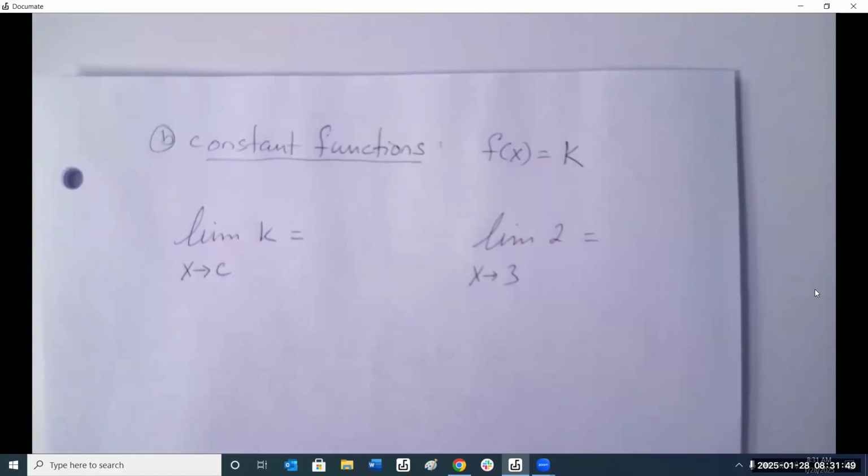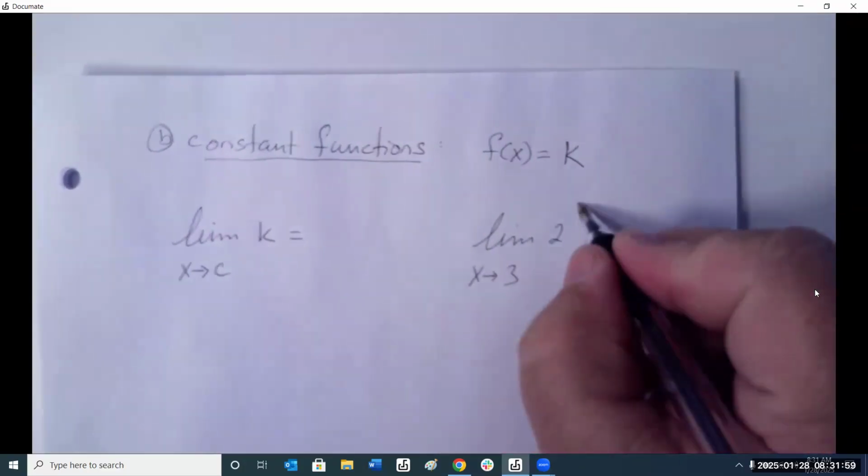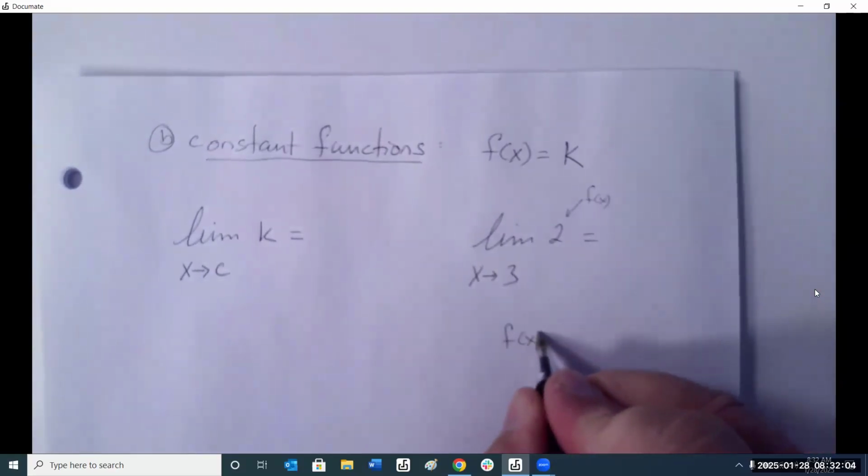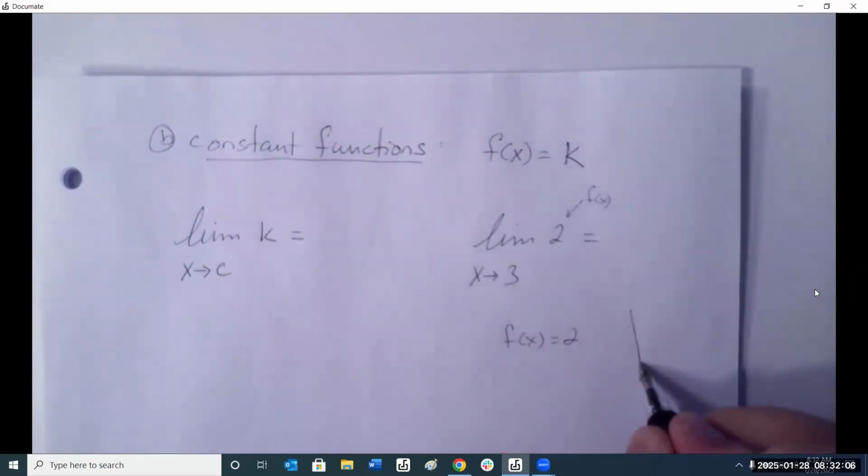You sure? How did it become 3? Did you plug it in? Remember, this is f of x. If f of x equals 2, what does that graph look like?